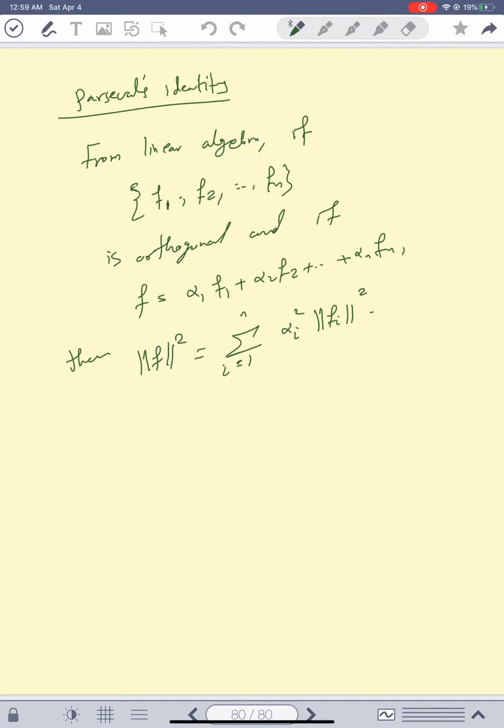What is this exactly? Let's see a little proof so you understand how we obtain this formula. What is the magnitude of f squared? It is the inner product of f with itself. So basically it is alpha 1 f1 plus up to alpha n fn, then the same thing.